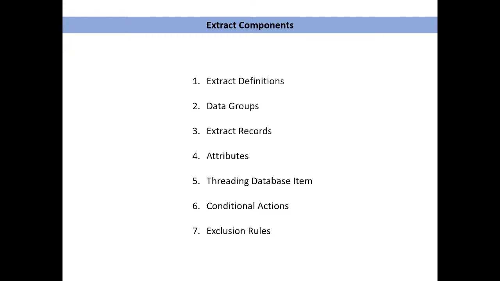It has the extract definition, the data group, the extract record, the attributes, the threading database item, the conditional action, and the exclusion rules. But Oracle strongly recommends not to use conditional action and exclusion rules.